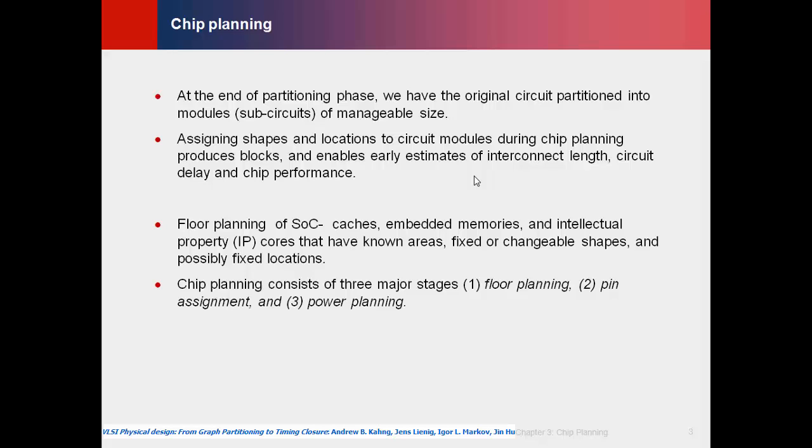Whatever may be the input, whether it is a group of sub netlists or a group of IP cores, in floor planning we have to decide an optimum shape for the block, if it's a flexible block, we'll come to that a little later. We also have to decide the location so that constraints like the wire length are optimized.